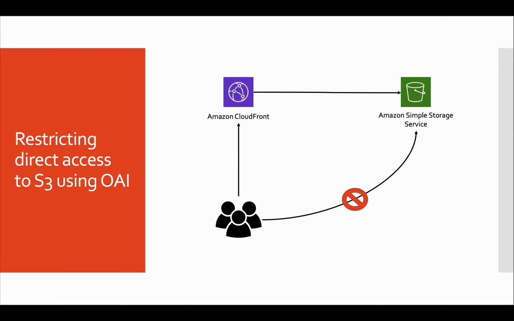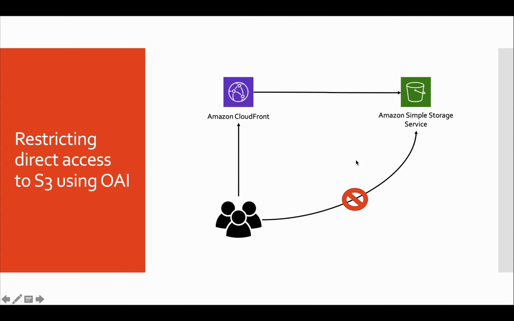In AWS CloudFront, we have a special user called Origin Access Identity. While configuring the CloudFront distribution, we could enable that and create a new Origin Access Identity user or select an existing one, so that a policy will be created in S3 for the Origin Access Identity when we select that.